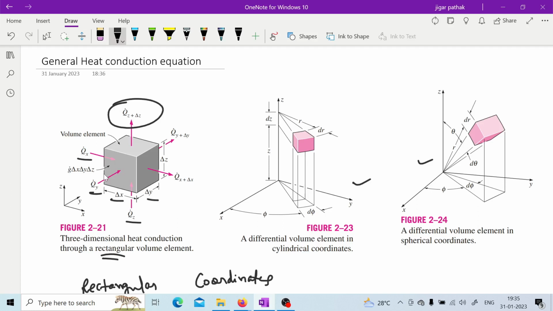Similarly for y it is delta x delta z, and for x it is delta y delta z. And if you go for y and verify, then for y it is delta x and delta z. Are you getting what I am saying?